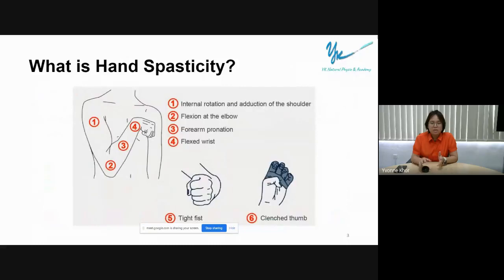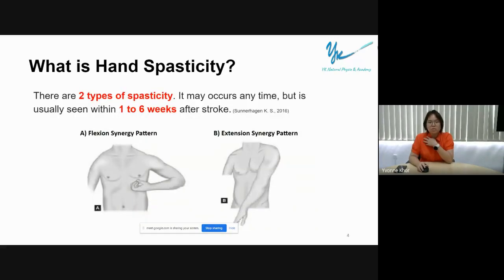For certain patients, they can have spasticity at the wrist, forearm, elbow, and shoulder. There are 2 types of spasticity. What are the 2 types? These 2 types may occur anytime, but are usually seen within 1 to 6 weeks after stroke.